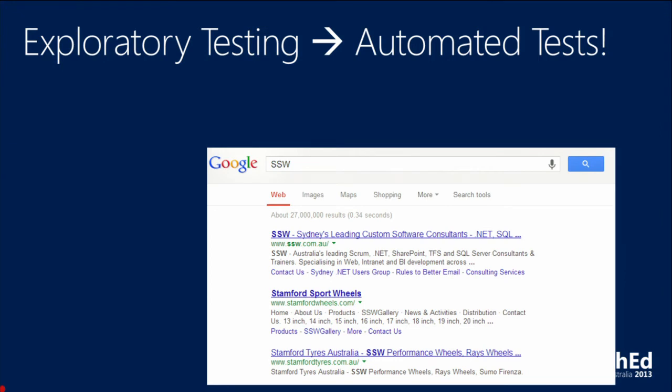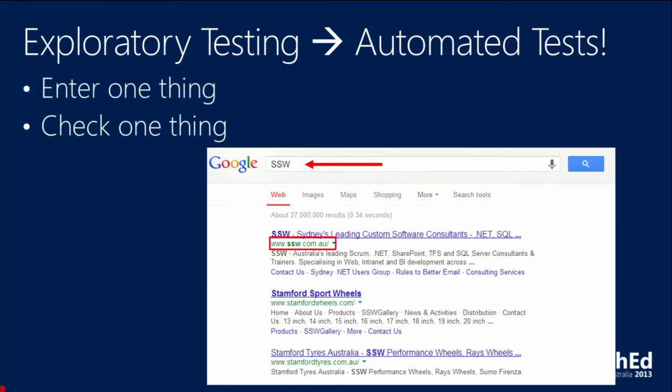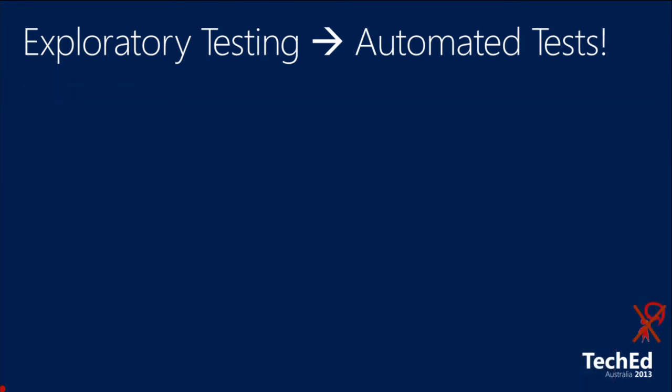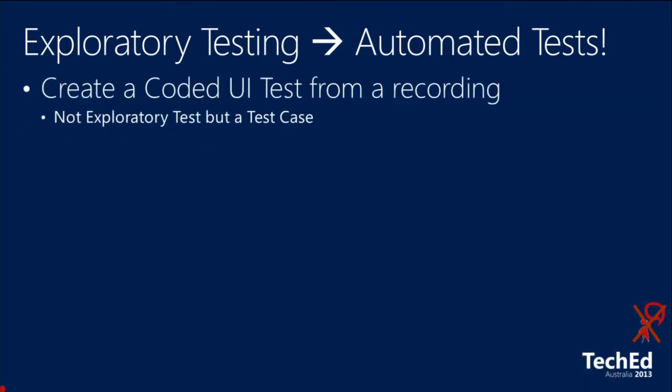All right, so this is the next part of the puzzle. I've got the simplest possible example here. If you want to test entering one thing and checking one thing on a page, enter one thing, check one thing, and your testers are using that tool, you have a beautiful process, a bit of magic that comes from this point.